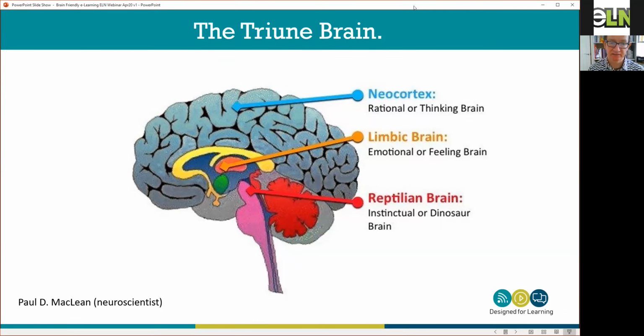It's not exactly clear how it works, but this model of the brain is used in psychology a lot. I work with an organization who work with kids who have behavioral problems in school, and they use this a lot to try and identify and reel back some of those problems and work with the kids. So it's quite a useful model of the brain.